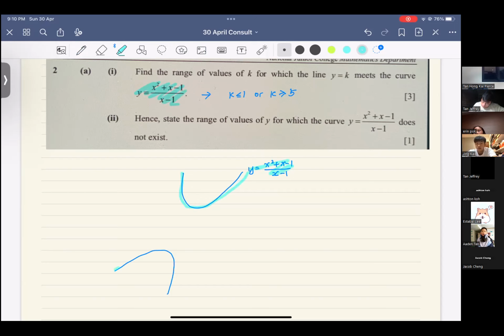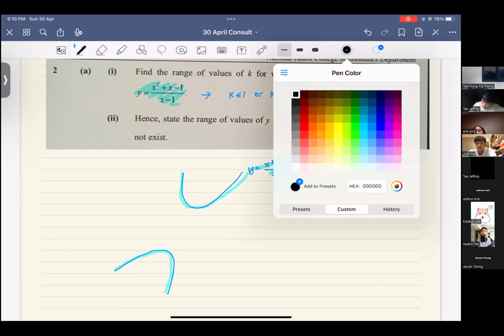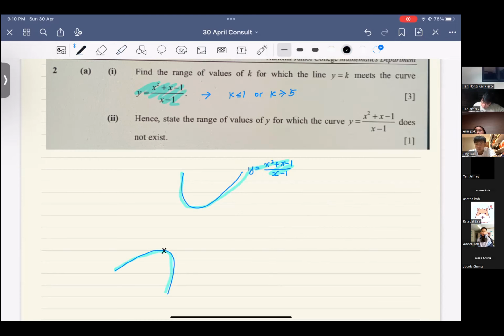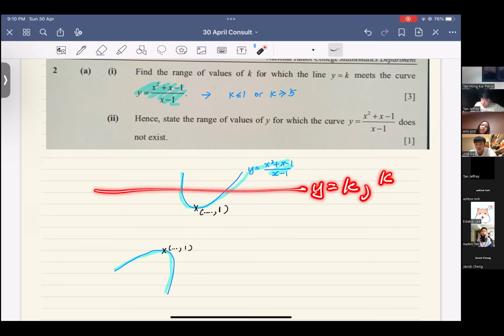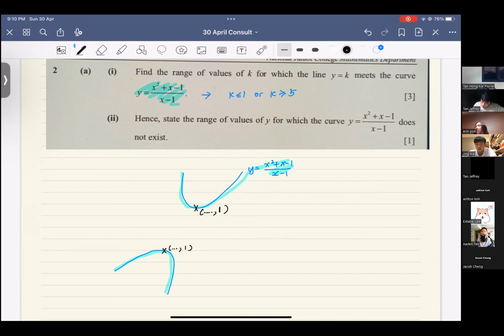Okay, so the maximum point over here, the y value is 1. The minimum point here, the y value actually is 5. So you will notice that no matter what lines I draw, as long as I draw y equals k, where k is more than 5, for example y equals 5, yes, it will meet.